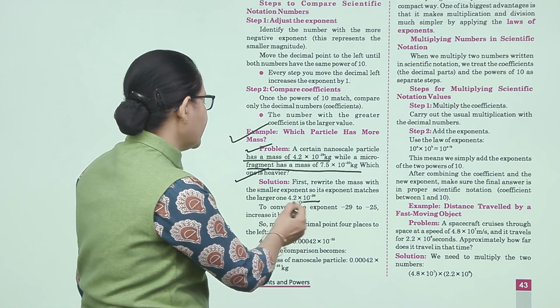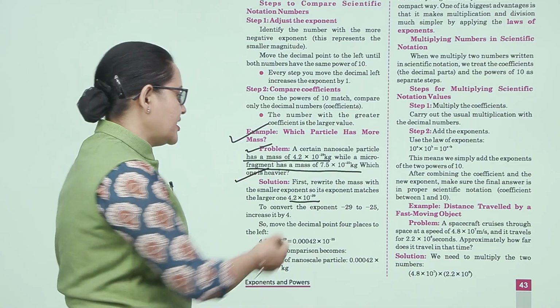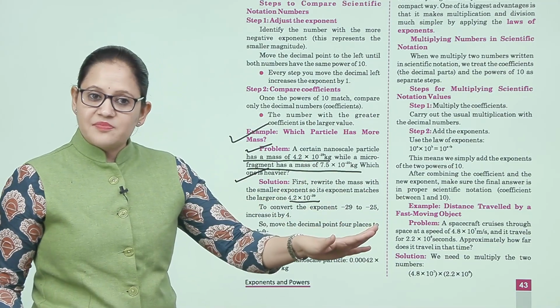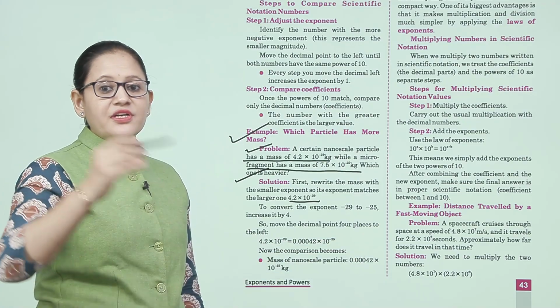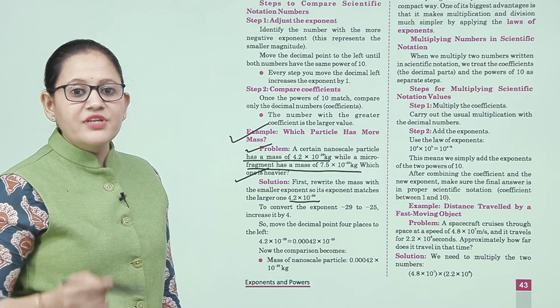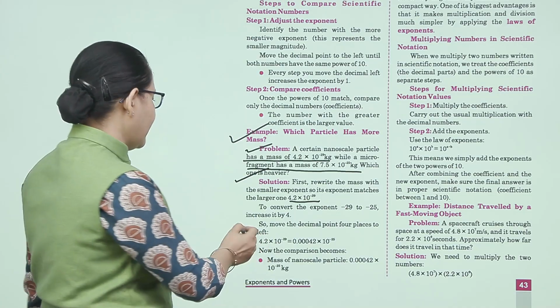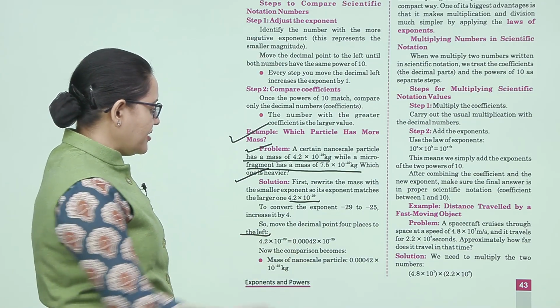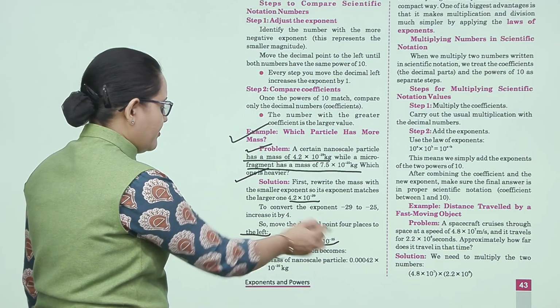To convert the exponent minus 29 to minus 25, we increase it by 4, so we move the decimal point 4 places left. 4.2 times 10 to the power minus 29 will become this.